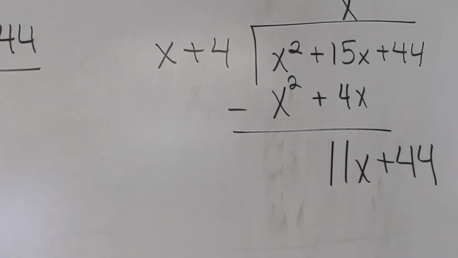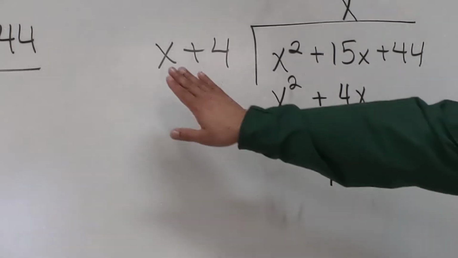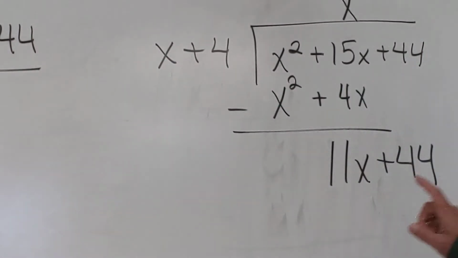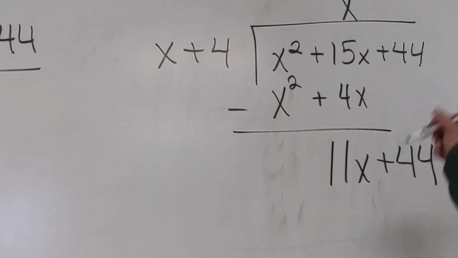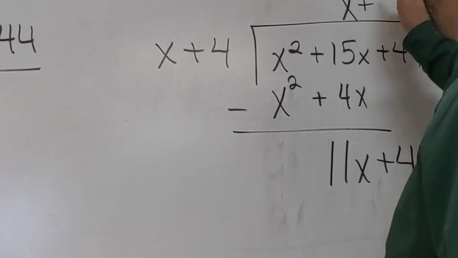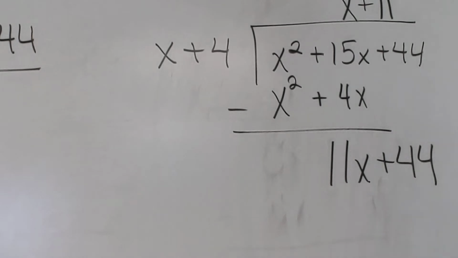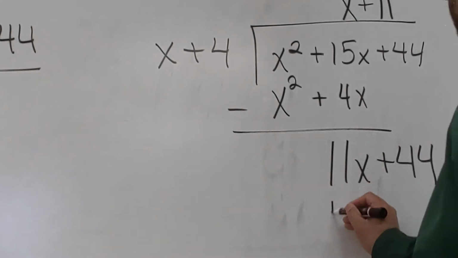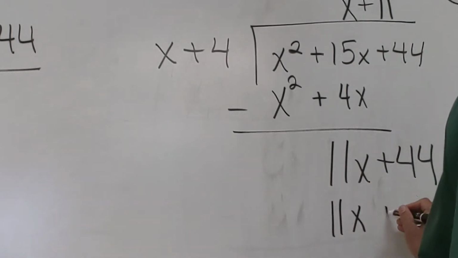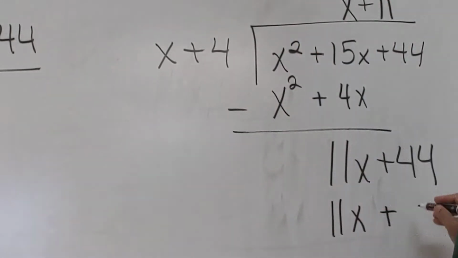So now I ask myself the same question. What do I need to multiply x by to get 11x? Well, I need to multiply x by simply 11. So 11 times x is going to be 11x. And then 11 times 4 is going to be 44.